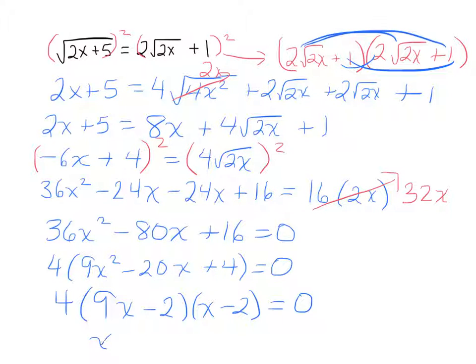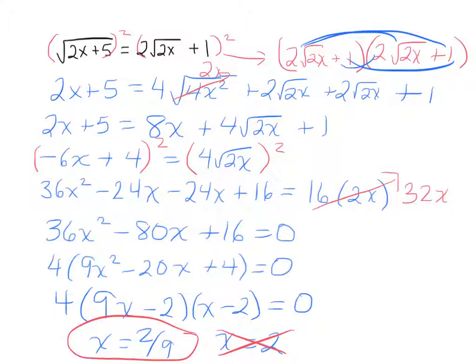Factor it, and then you get x equals 2 over 9, and x equals 2, and I need to verify both of those solutions by filling them back into the original. When I check them both, I find that this one is extraneous, so we only have one solution here, which is the 2 over 9.